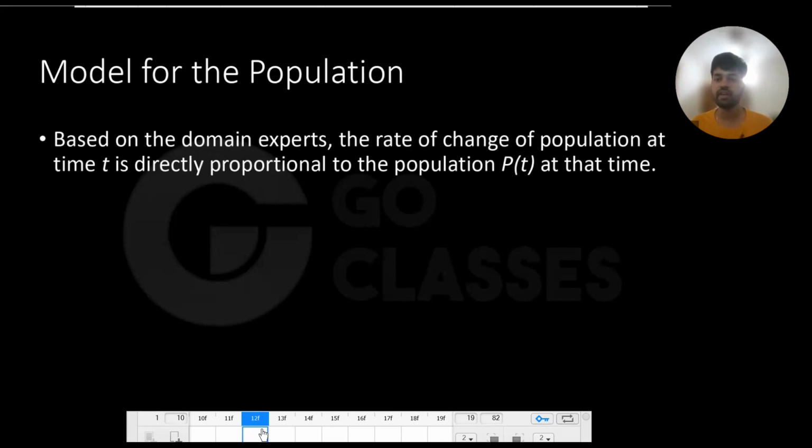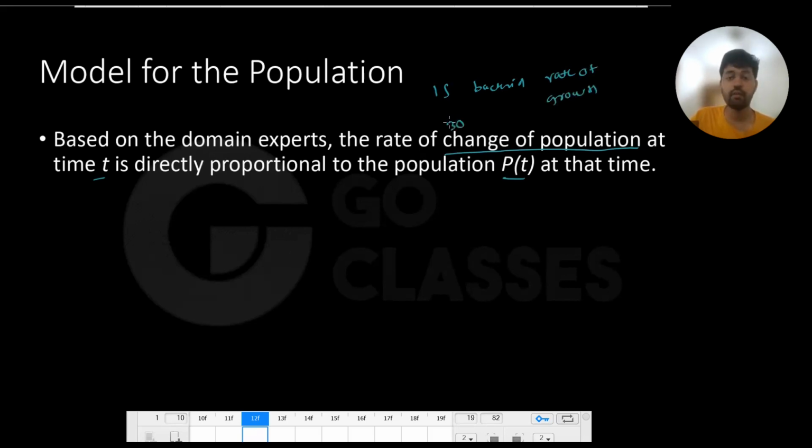But let's say I ask somebody and he says that the change of population at any given time t is directly proportional to the population at that time. So if I have, let's say, 15 units of bacteria right now, there will be a certain rate of change or rate of growth.